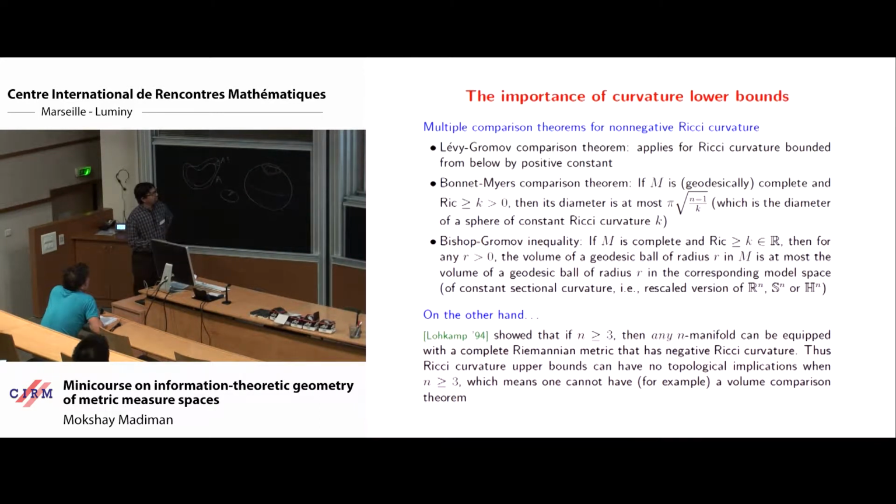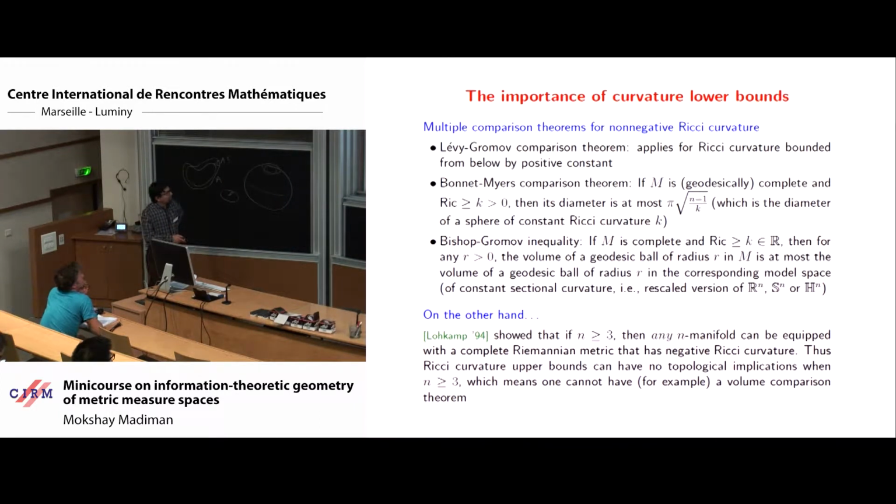In particular, upper bounds on the Ricci curvature do not seem to give anything. So for example, Lohkamp showed in 1994 that if the dimension is at least 3, then any n-dimensional manifold can be equipped with a complete Riemannian metric that has negative Ricci curvature. This suggests that upper bounds on the Ricci curvature cannot have topological implications, since you can force this on any manifold.